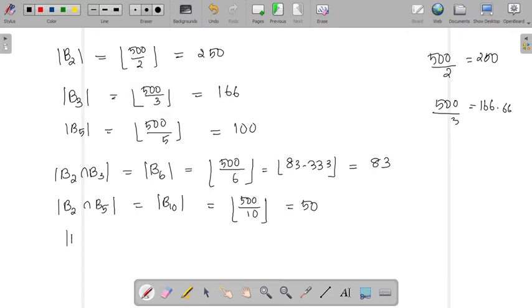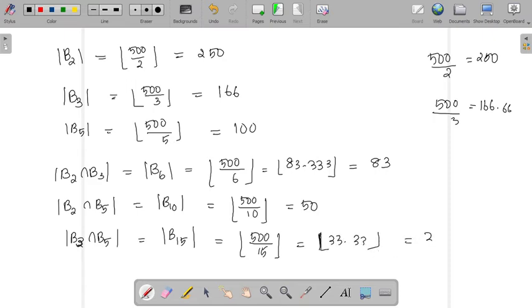Then next is B3 intersection B5. That is cardinality of B15. Let us look at 500 divided by 15, which is 33.33, so the value is going to be 33.